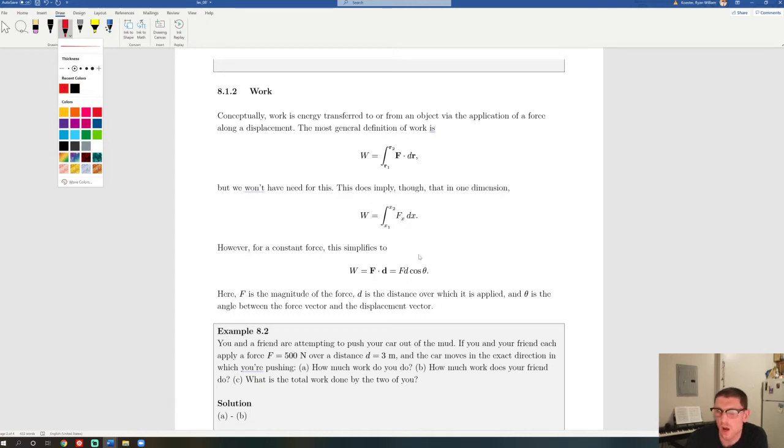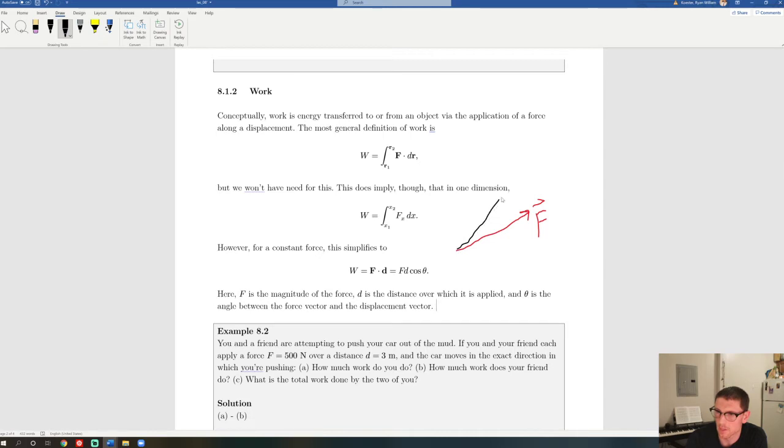So if I draw, say, a force that looks like this, and then let's say that the displacement of the object to which the force is applied maybe looks something like this, right? And this would be our D vector. Then this angle between them is theta, and that's what we need to usually know to actually calculate work.